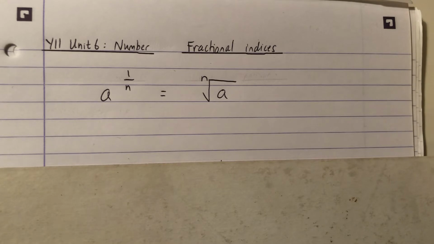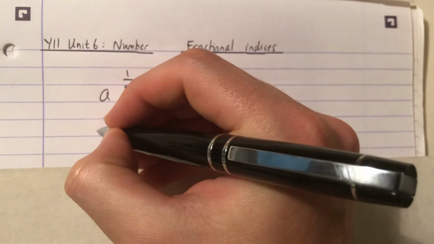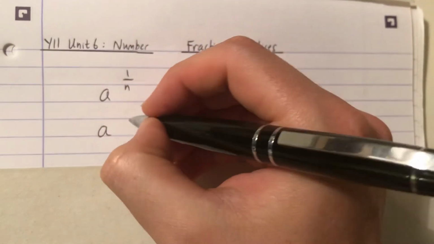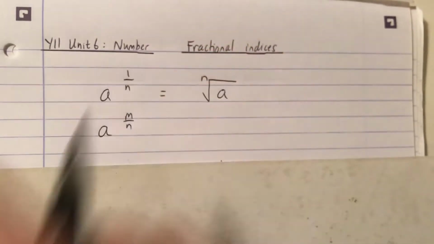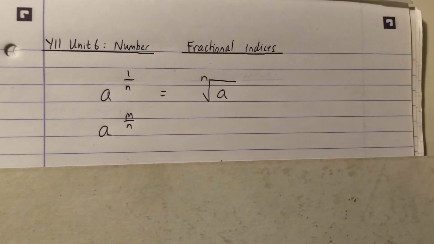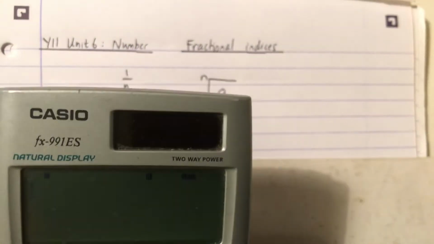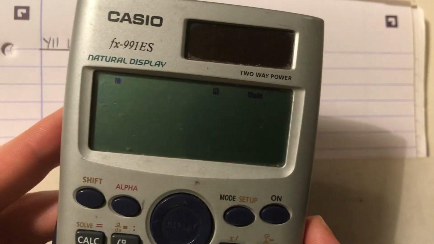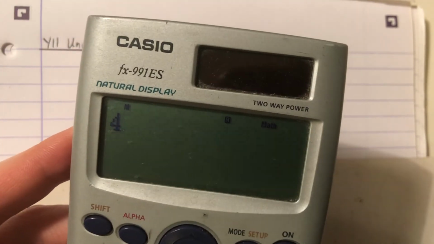There is another one. a to the power of m over n. Okay, let's see if we can investigate what that's going to do. So let's pick, say, the number 4.